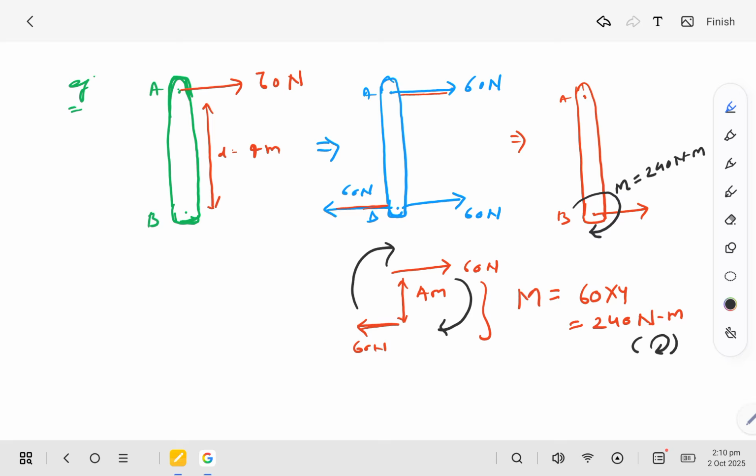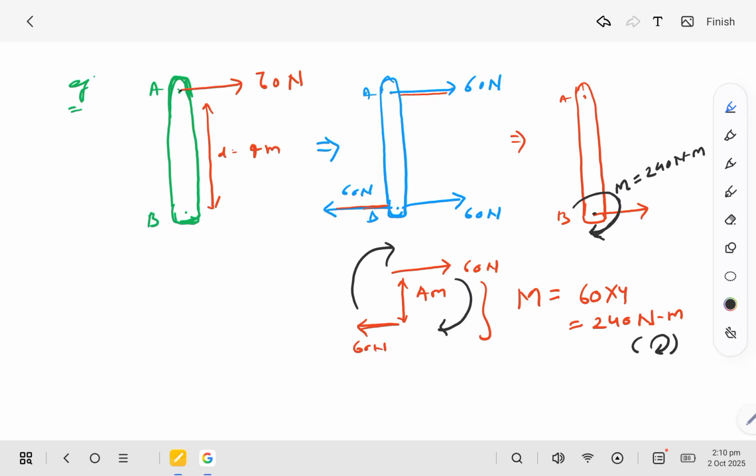So we can transfer the force acting at point A to point B with a moment of couple.